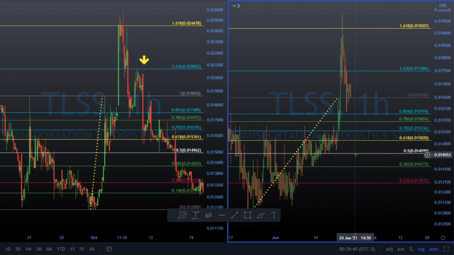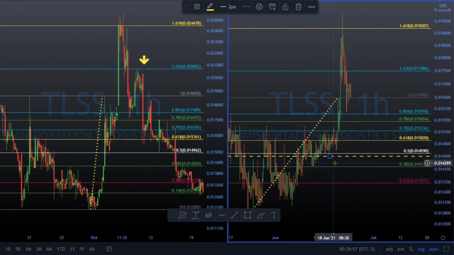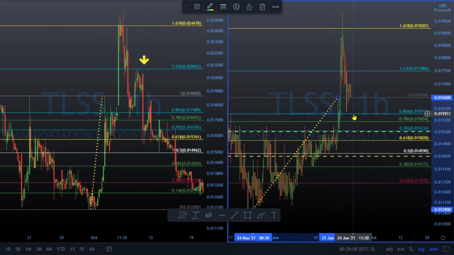We can say 0.0145, 0.0146, somewhere in there. I'm going to say 0.0145 because it'll wick down past it. Let me do another one, 0.0153.